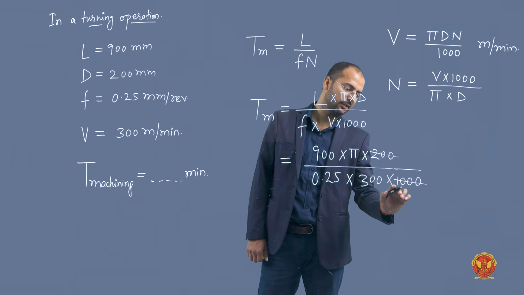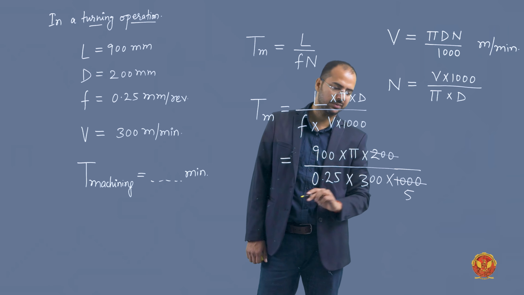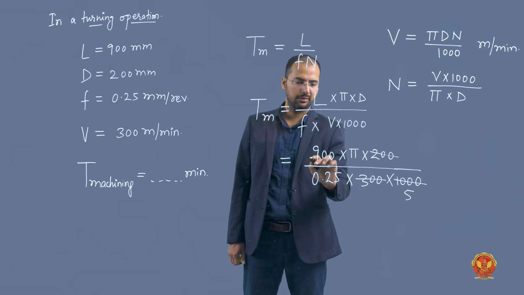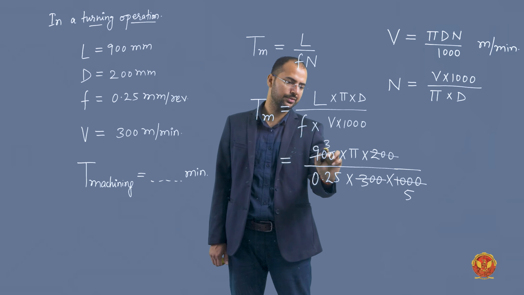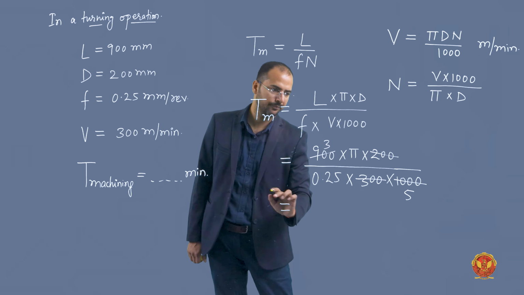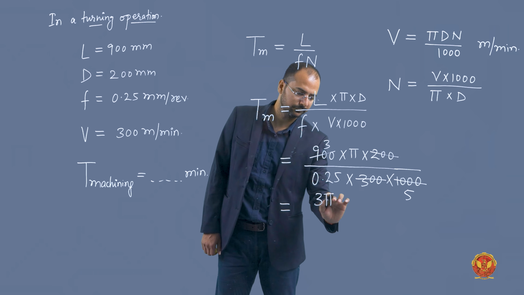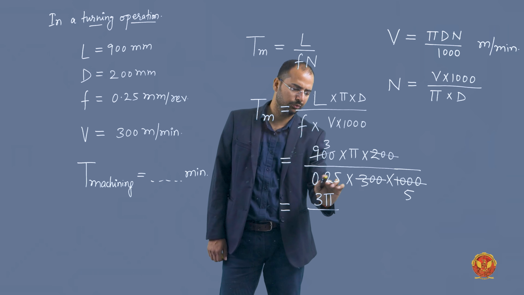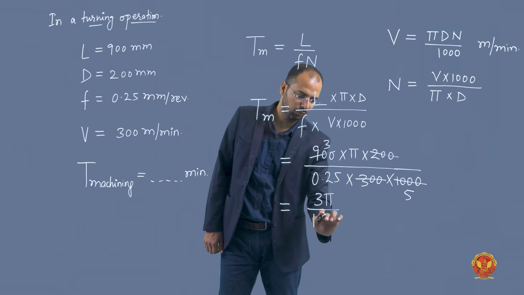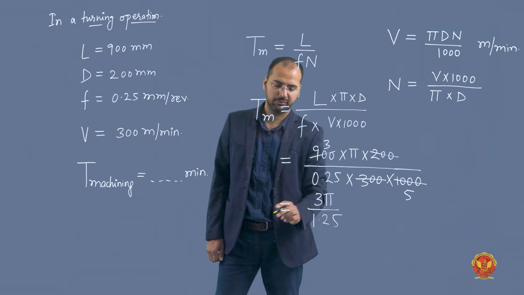200 will get cancelled out with 1000 in 5 times, 300 with 900 in 3 times. So we will have 3 pi divided by 5 into 0.25. This will become 1.25.